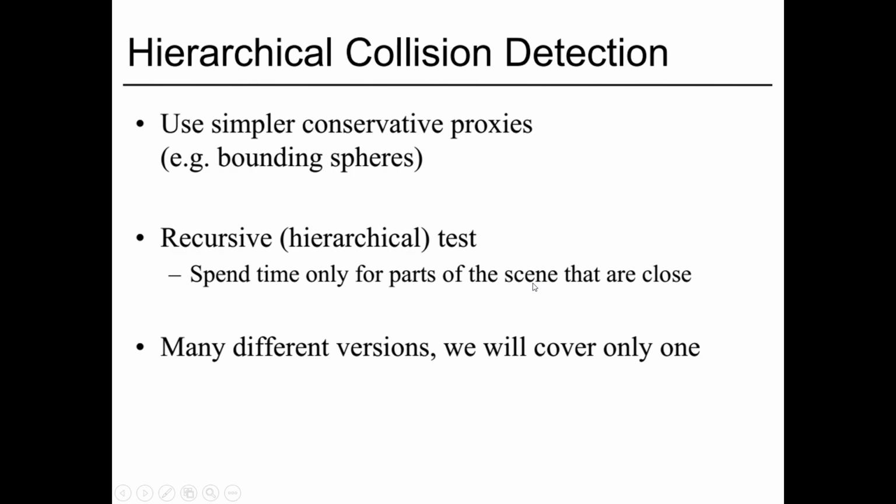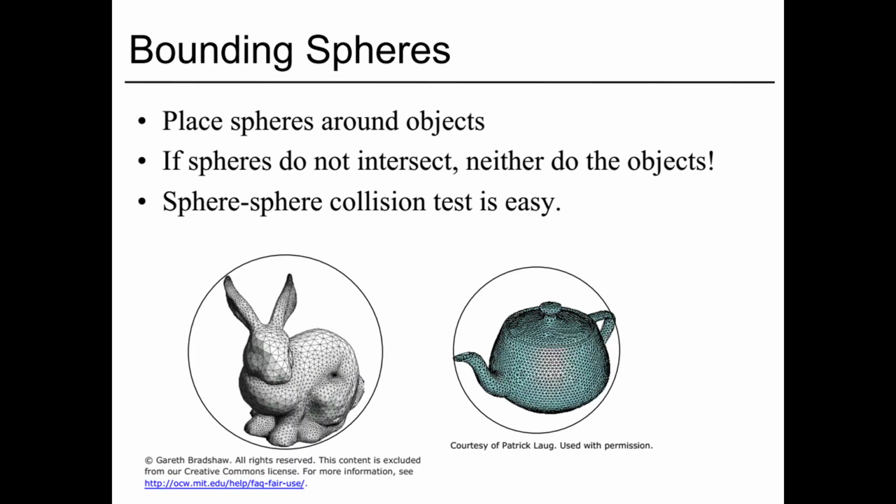This drastically reduces the cost of collision detection, since now we don't have to perform collision test for every pair of objects. Another reason why this is so fast is because we are using simple shapes like spheres or bounding boxes. And we know that sphere-sphere collision test is easy.